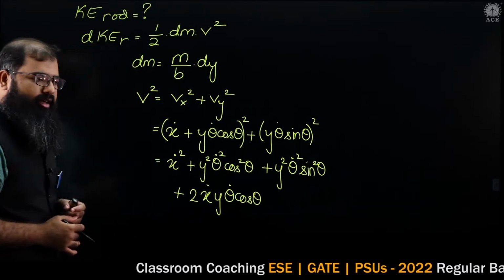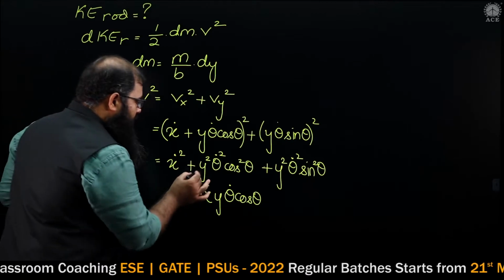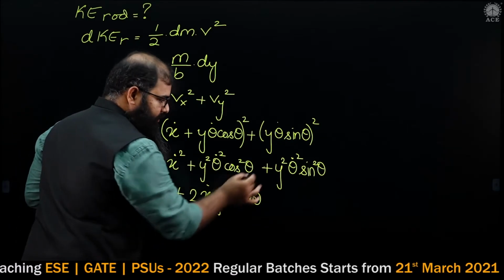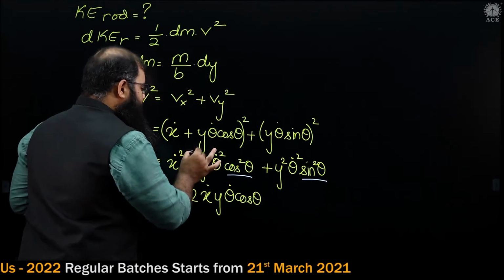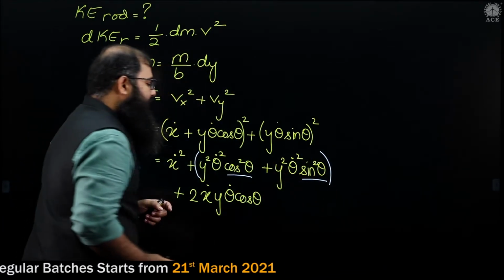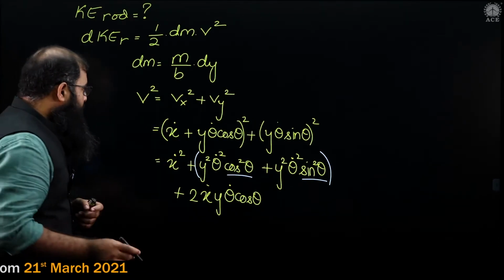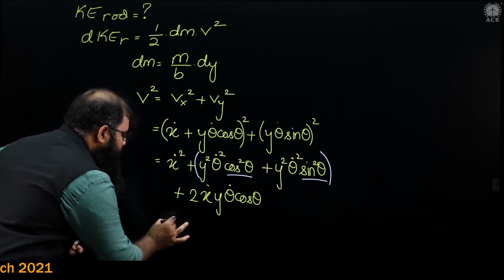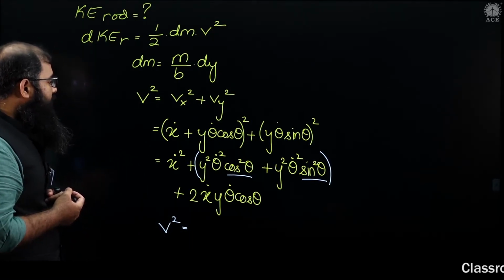Now please look at this thing. You are having y square theta dot square cos square theta plus sine square theta. That means if I club this entire thing, I'm going to have only y square theta dot square. Therefore, the value of v square has to be equal to how much?